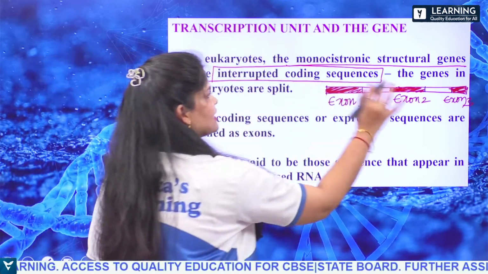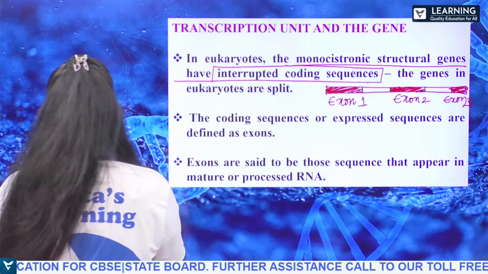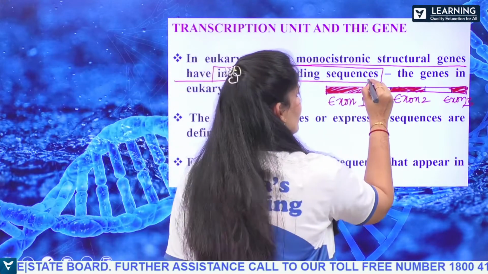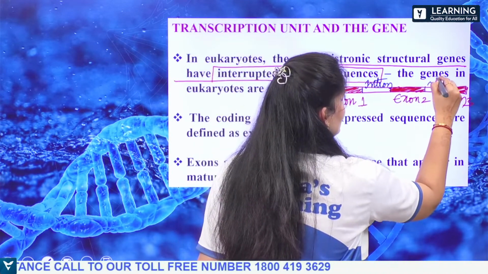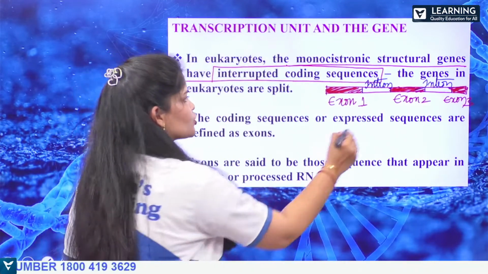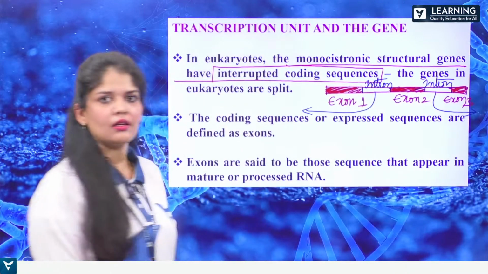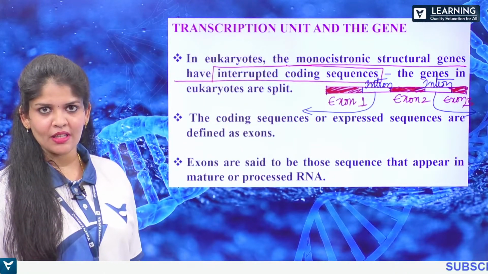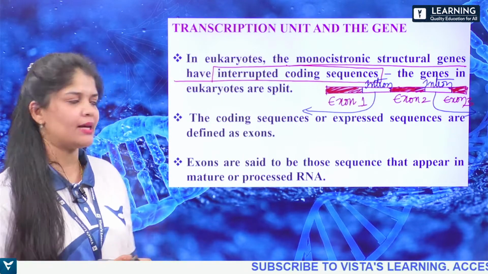This coding sequence is interrupted by the non-coding sequences, and these non-coding sequences are called introns. These introns are removed in the process of splicing, where it ends up with the formation of the mature RNA or processed mRNA.